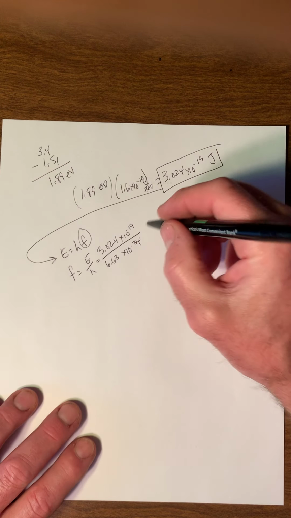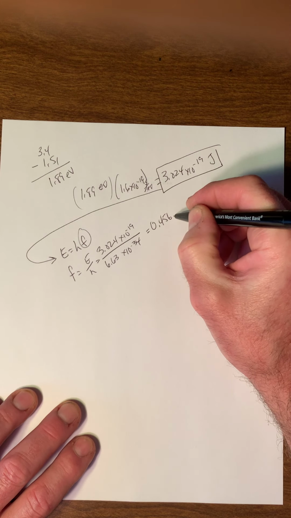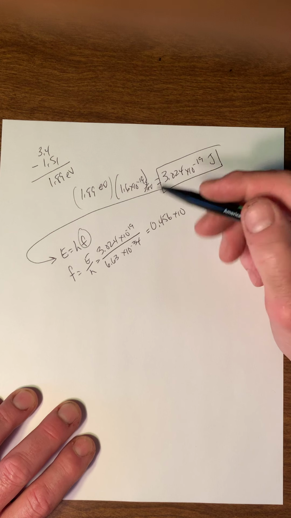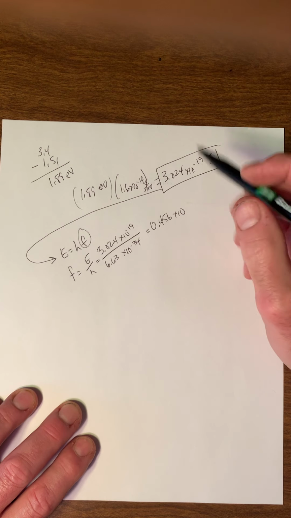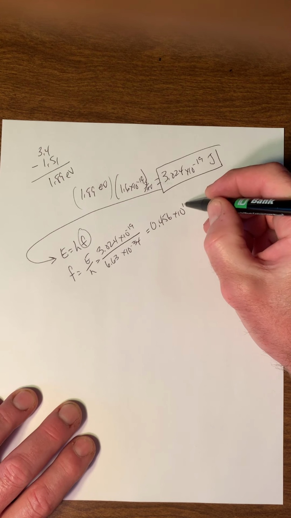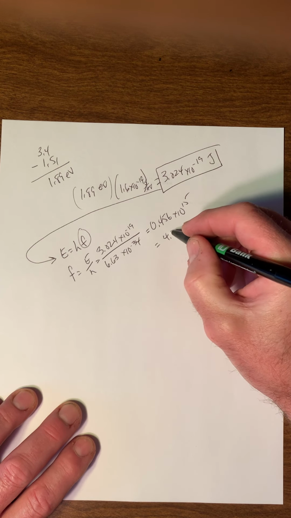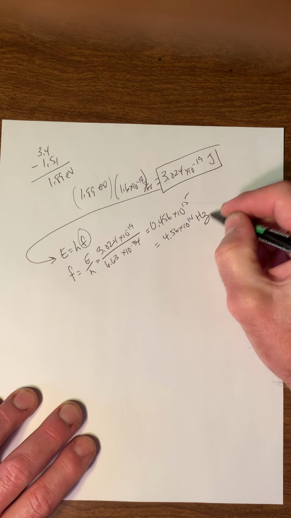And that would give me 0.456. I'm just rounding a little bit now. Times 10 to the 15th, which would be 4.56 times 10 to the 14th, and that is a unit of hertz.